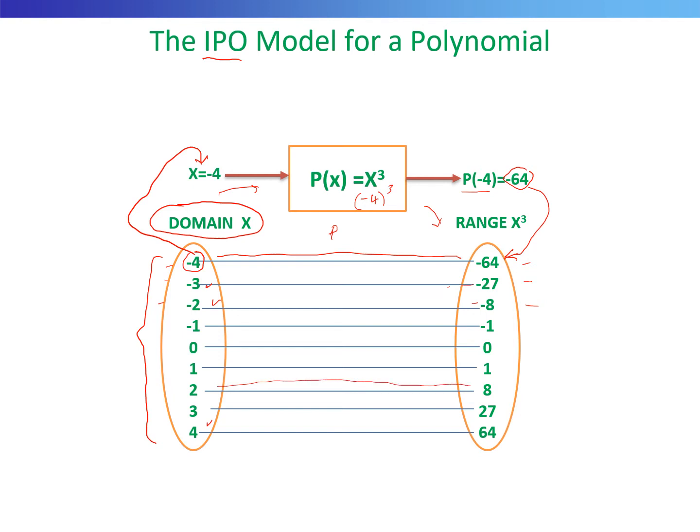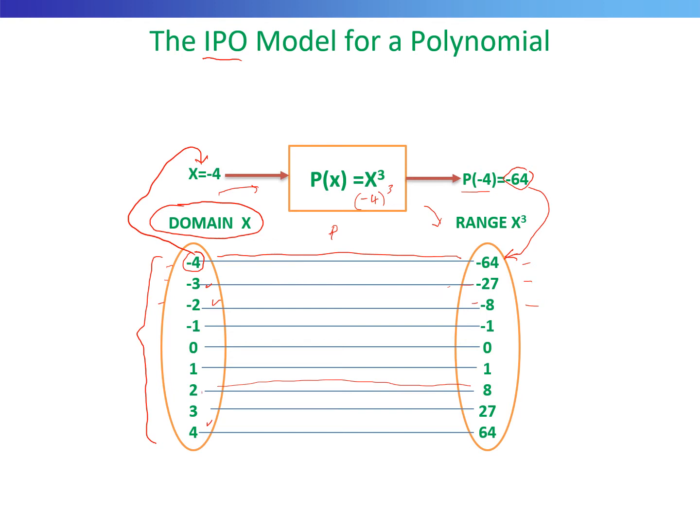So we can see that for each and every element in the domain, there is a unique element that depends on the source element. For example, for negative 64, its cube root will be negative 4, and negative 4, when raised to the power 3, gives negative 64. So each and every element in the domain must be mapped to a unique element in the range.